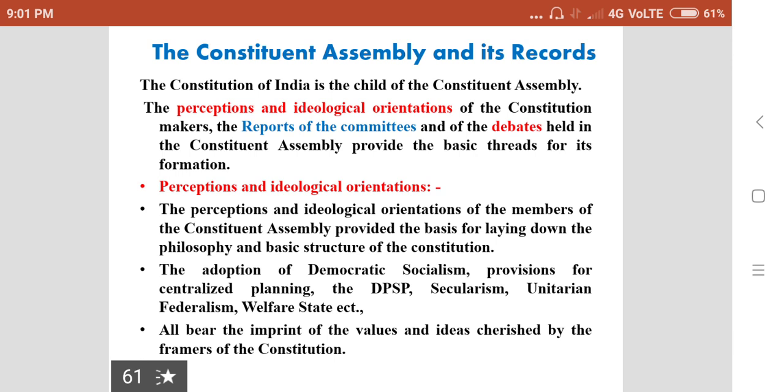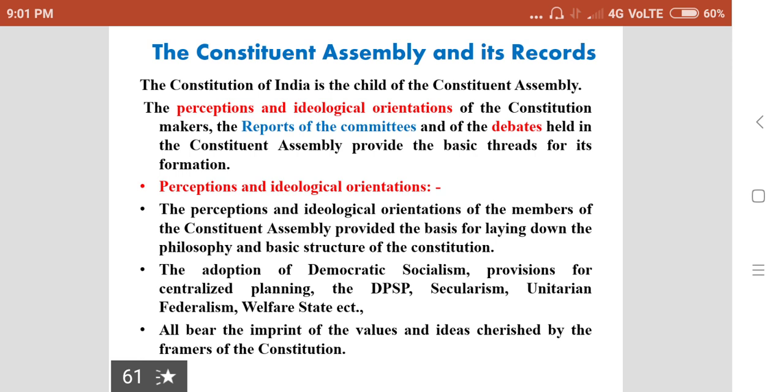The perceptions and ideological orientations of the members of the Constituent Assembly provided the basis for laying down the philosophy and basic structure of the Constitution.